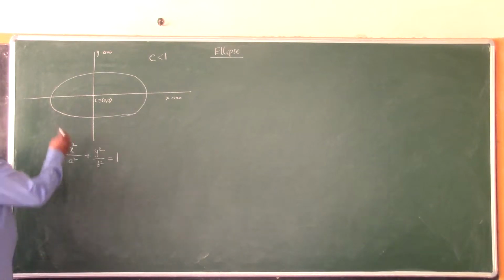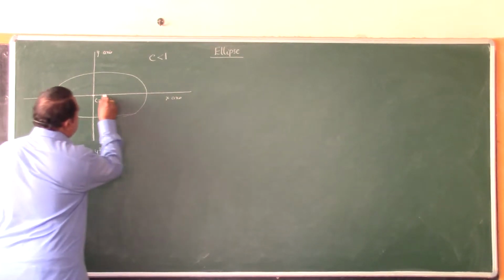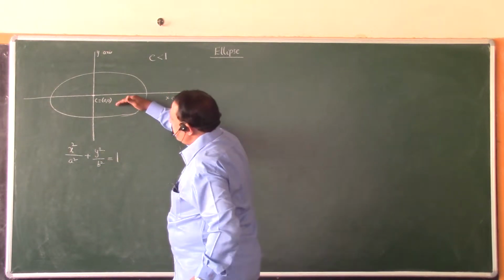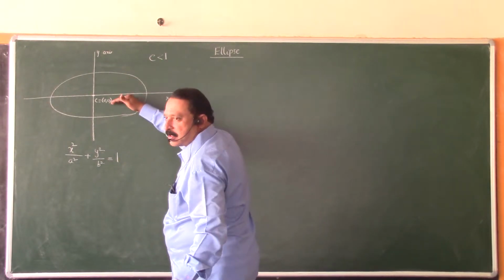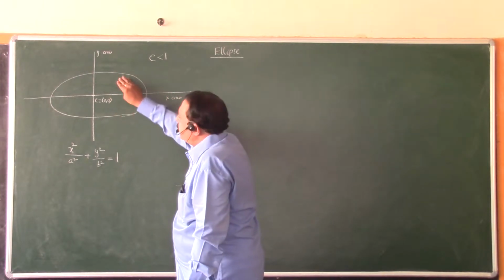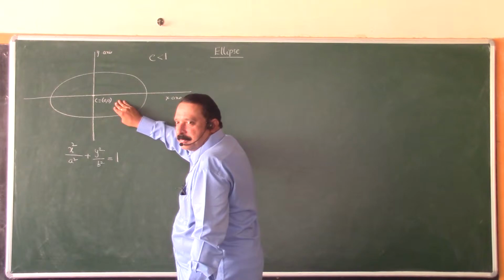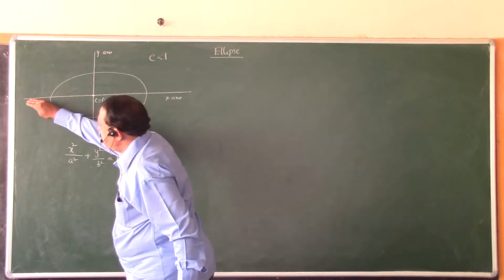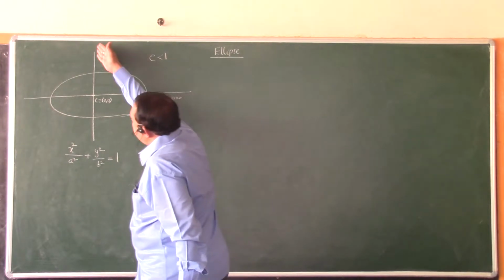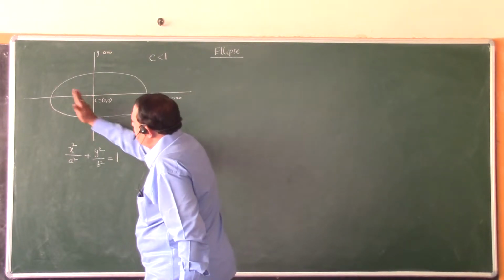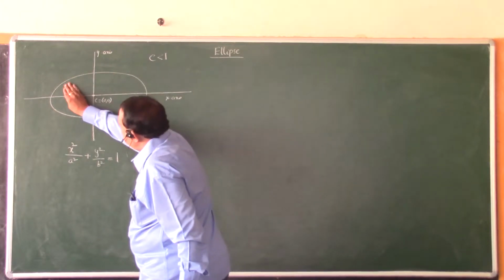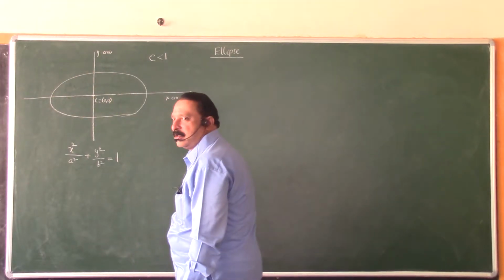Now, as you can see in the figure, the x-axis divides the ellipse into two equal parts. This is the first part, this is the second part, and these two parts are equal. So the x-axis causes symmetry, and similarly the y-axis also divides the ellipse into two equal parts. This part and this part are equal.